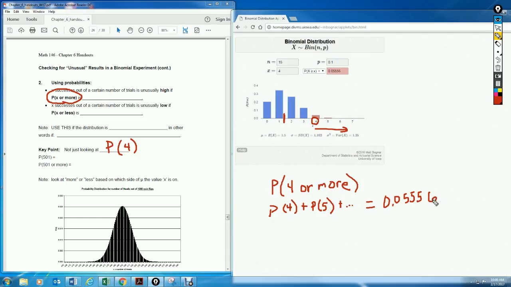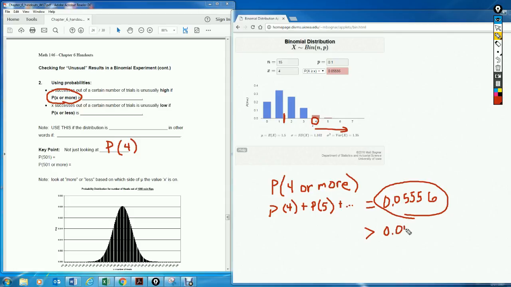If you go to table 3 and add those up, it might differ a little in the last decimal place. The point is, because this probability is greater than the 5% threshold, 0.05, we would conclude that no, it is not unusual.